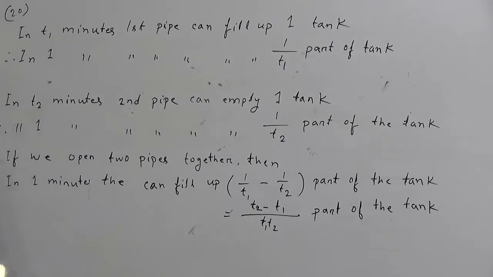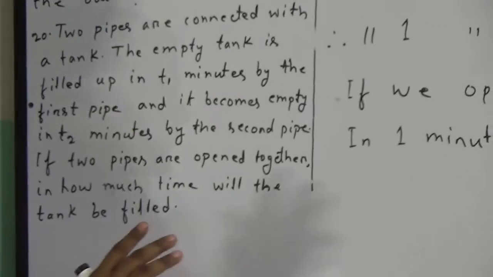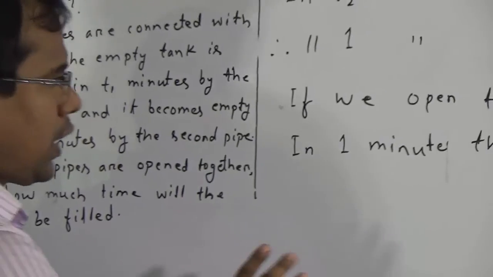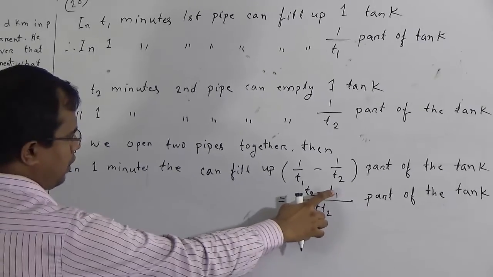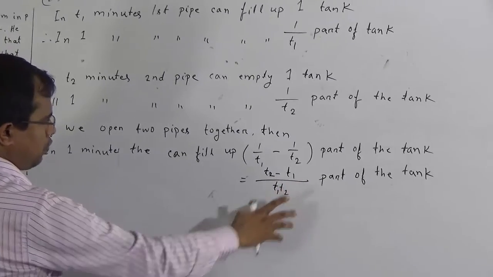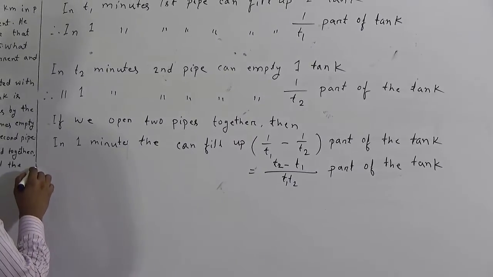Now the question is, in how much time will the tank be filled? We have to fill up the tank. For filling up T2 minus T1 divided by T1 T2 part of the tank, we need 1 minute.